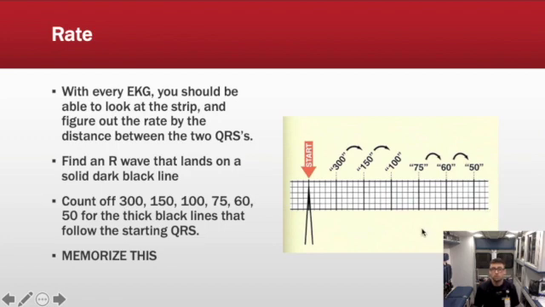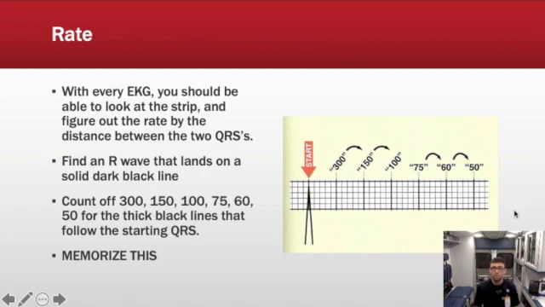But you're going to be counting R wave here, and instead of 50, it's now going to be 300, 150, 100, 75, 60, 50, 40, 30, and so on. So just remember, you can do it either way. Just flop this, okay? I like to do it backwards. That's just my personal preference.